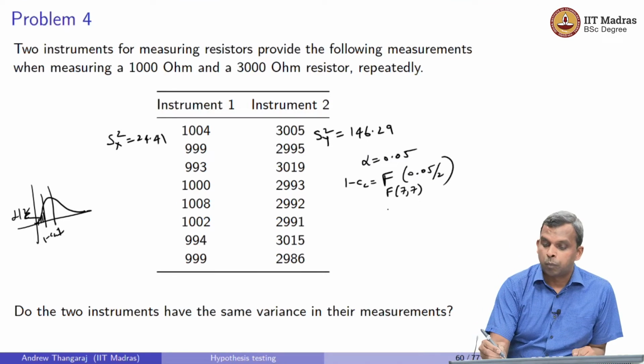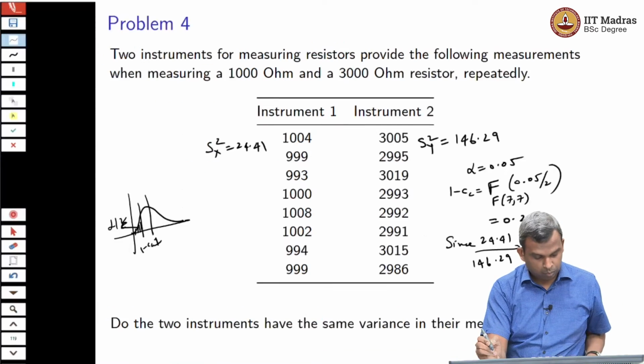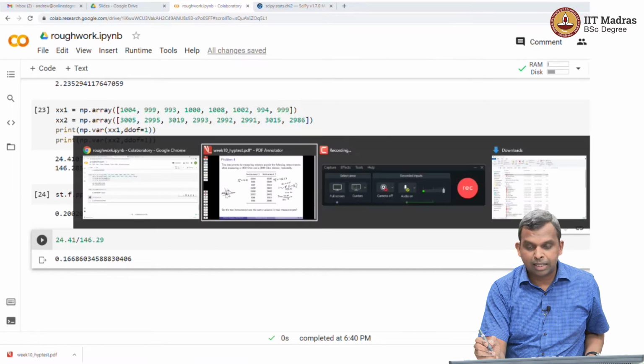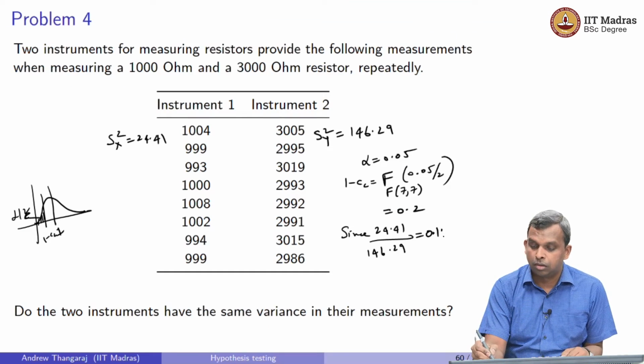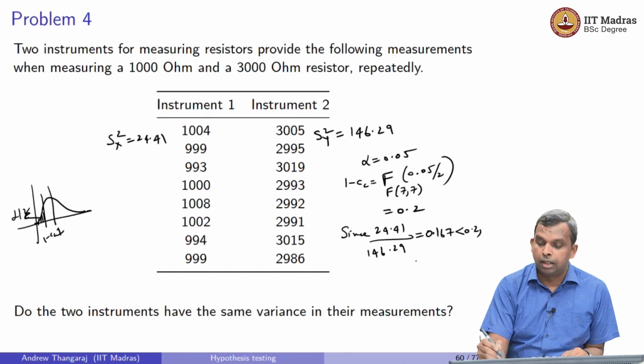So the critical value works out to 0.2, and since 24.41 by 146.29 equals 0.167, which is lesser than 0.2, I end up rejecting the null hypothesis.